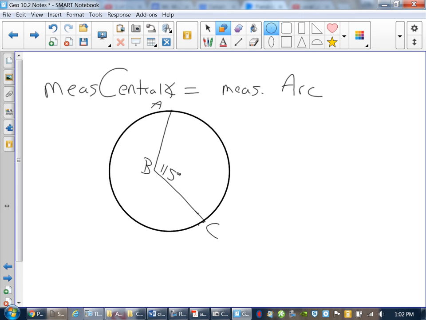The measure of the central angle is equal to the amount of degrees that the arc has. And that's kind of all we're worried about today, these central angles and the arcs that they run into.